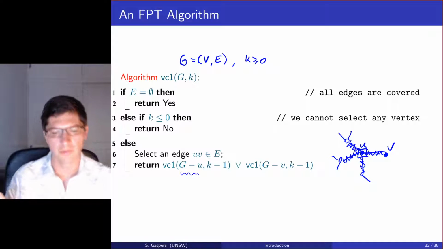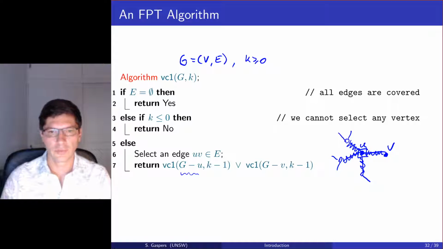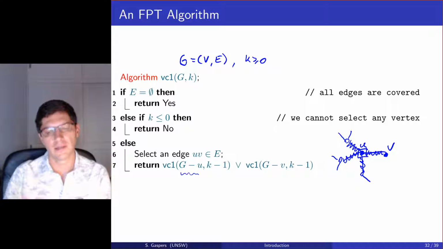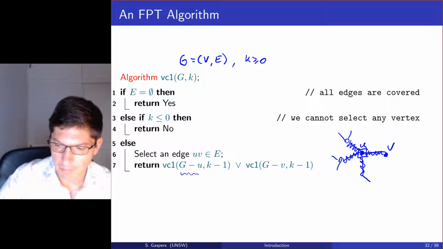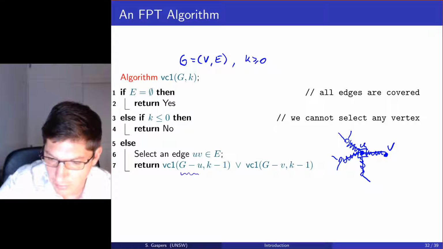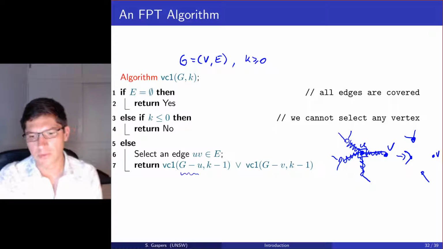G minus u deletes u from the graph, and this implicitly also deletes all edges that are incident to u. So basically we get the following graph. We still have v, we still have all the other neighbors of u. This one is still there, this one is still there, and this one is still there, but u has disappeared.